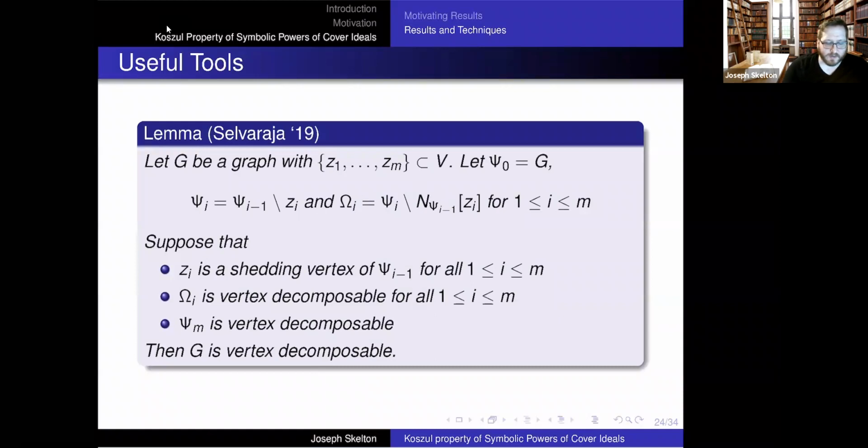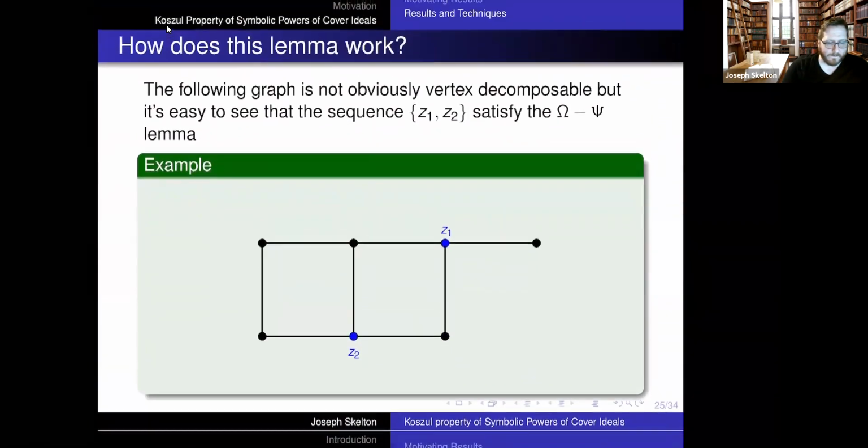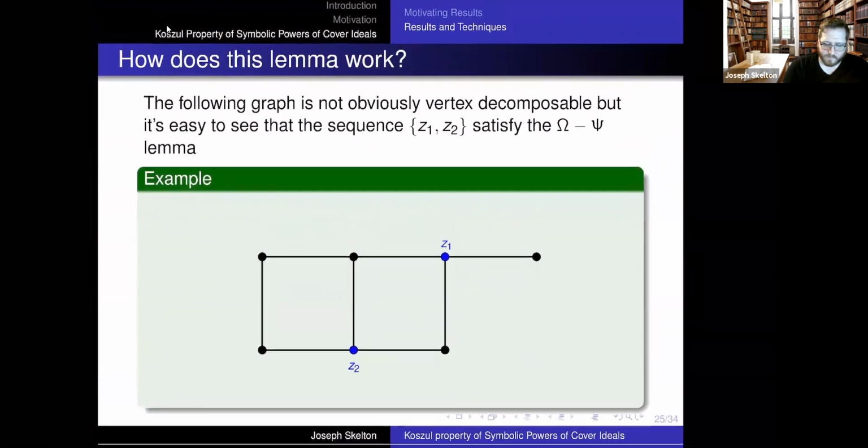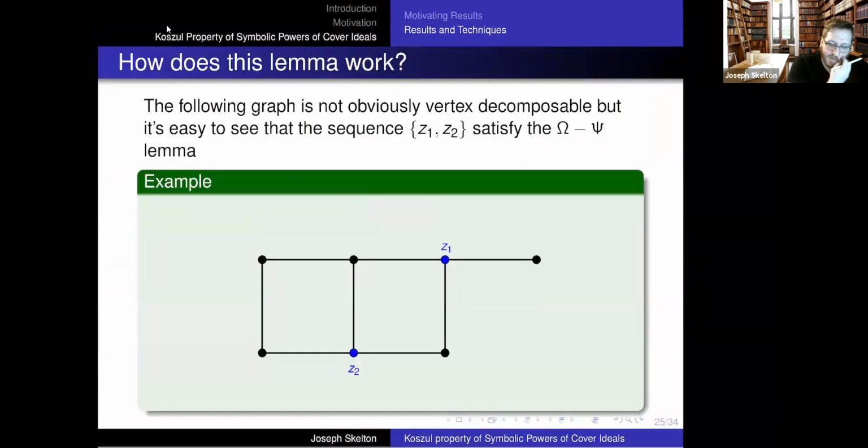So that's kind of how this works. If I have a graph and Z1 and Z2 are my sequence, Z1 is a shedding vertex because it's whiskered, and that forces the sheddingness of it.